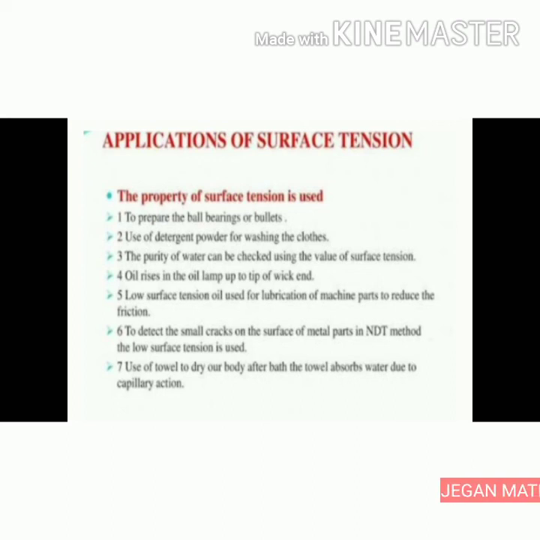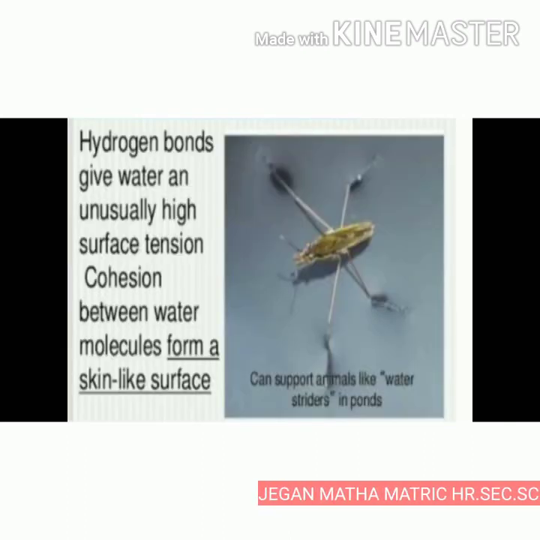Next: low surface tension oil is used for lubrication of machine parts to reduce friction. The last one: use of a towel to dry our body after a bath; the towel absorbs water due to capillary action. This is also seen in water striders.